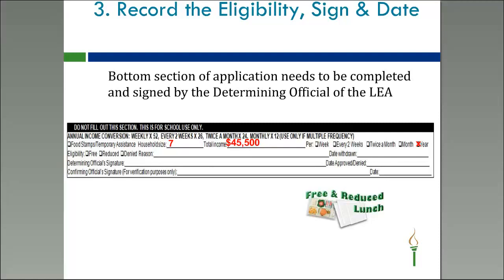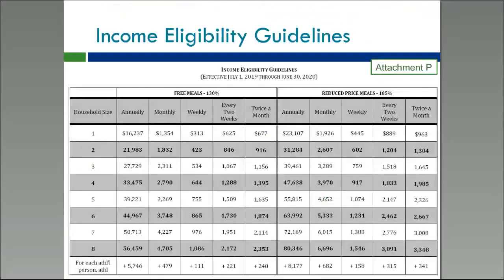So then you'll take that information and you'll compare it to the income eligibility guidelines. So we'll look at the 7 household members and we'll look at the annual income. So for free meals, they have to make $50,713 or less to qualify for free meals.